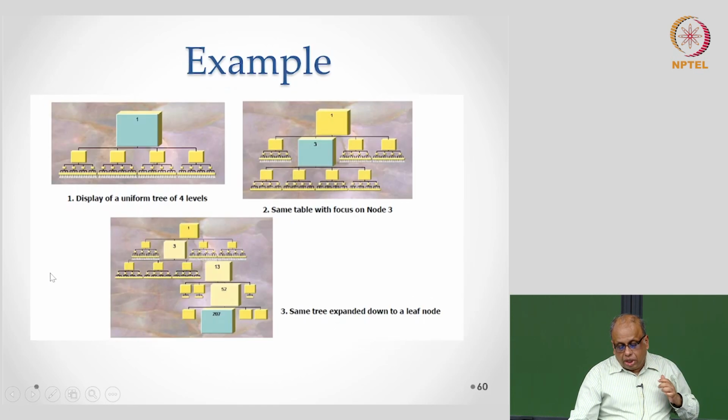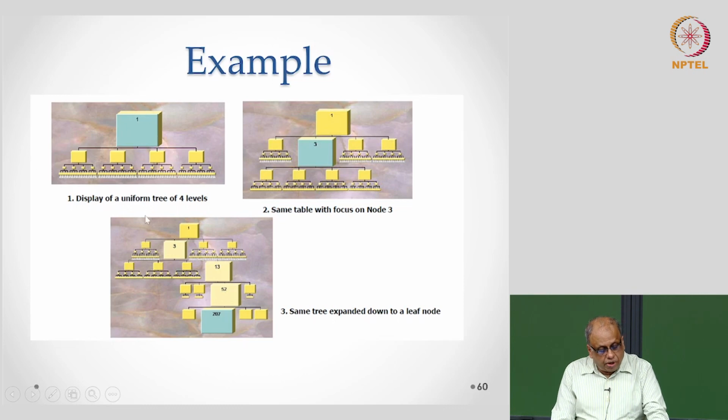Okay. So for example, this is a uniform display of the nodes. As you go down and down, the nodes are not totally disappearing, but are shown with very small size. But now if you bring this node 3 into focus, that node becomes bigger, and its parents are also shown and some of its siblings.